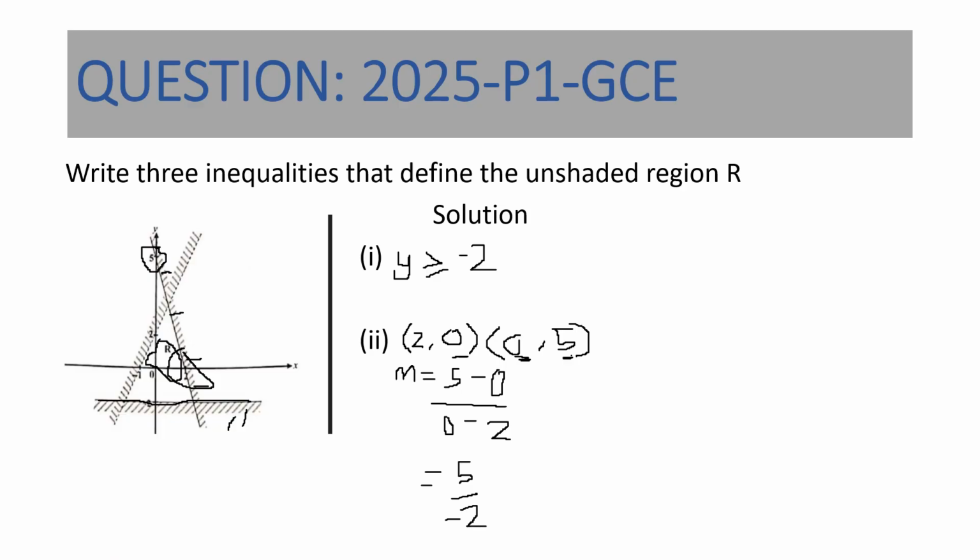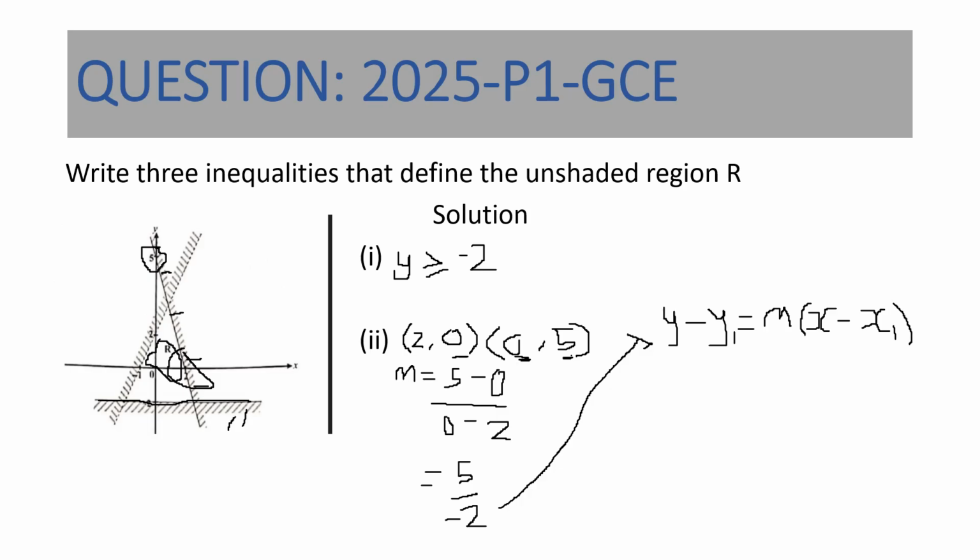So after finding the gradient, let's now find the inequality by using this formula: y minus y1 equals gradient, which is m, open brackets, x minus x1.